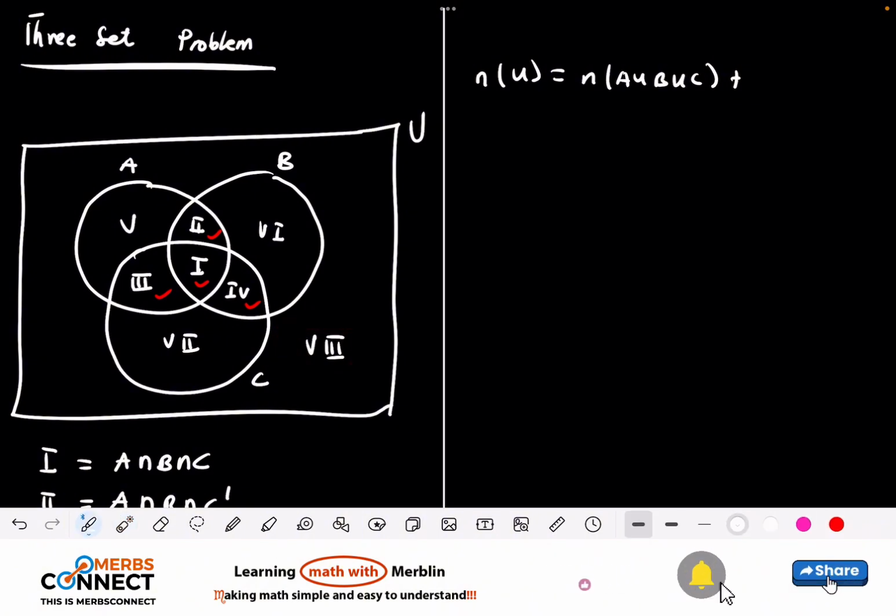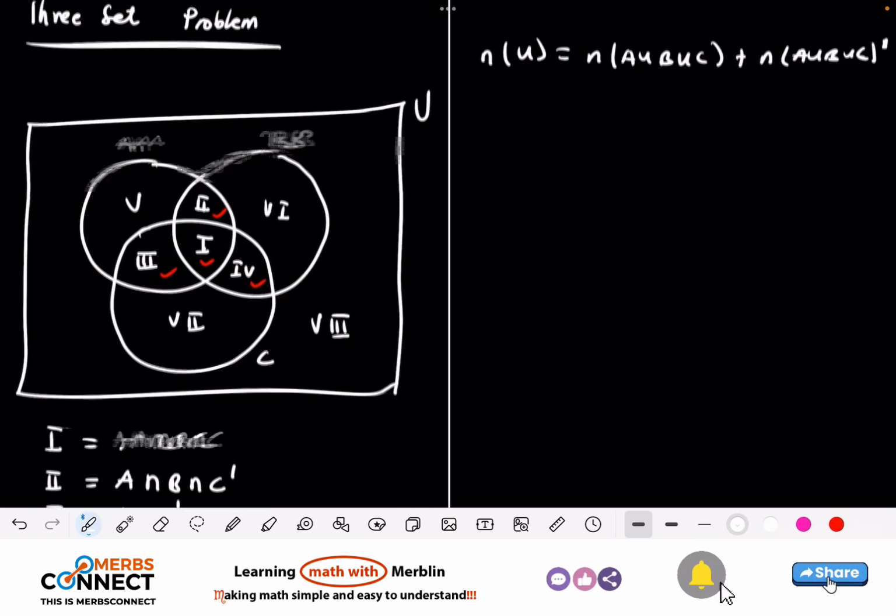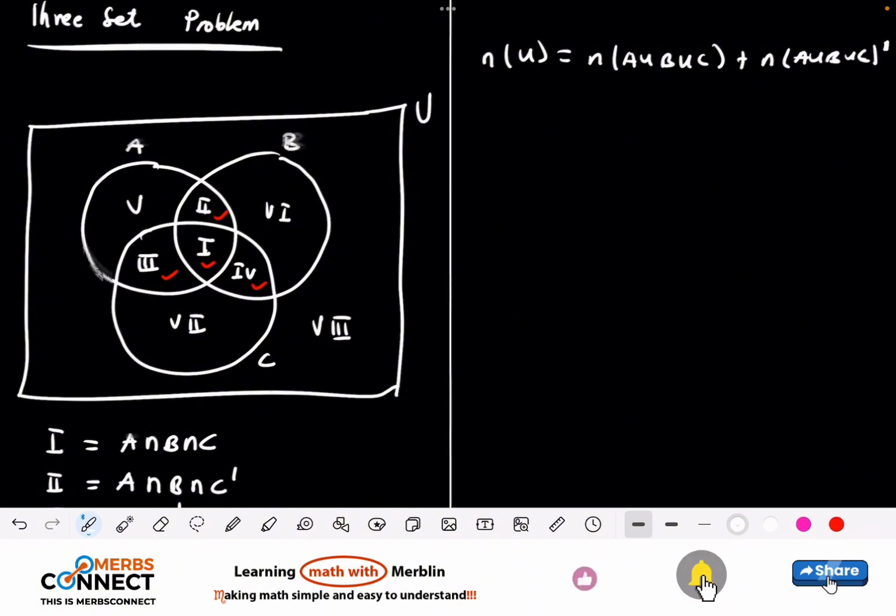So if we have something like, let me say, A union B union C, complement. That will give us what we have there. Is that right? So now what can we say? Yeah, this is what you're going to have.